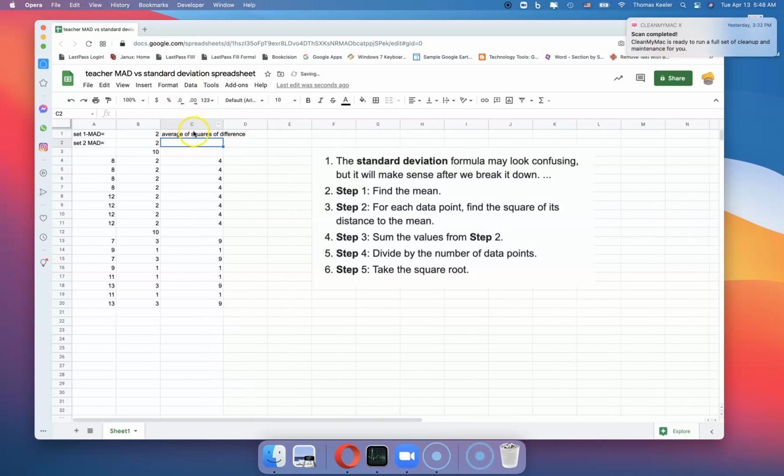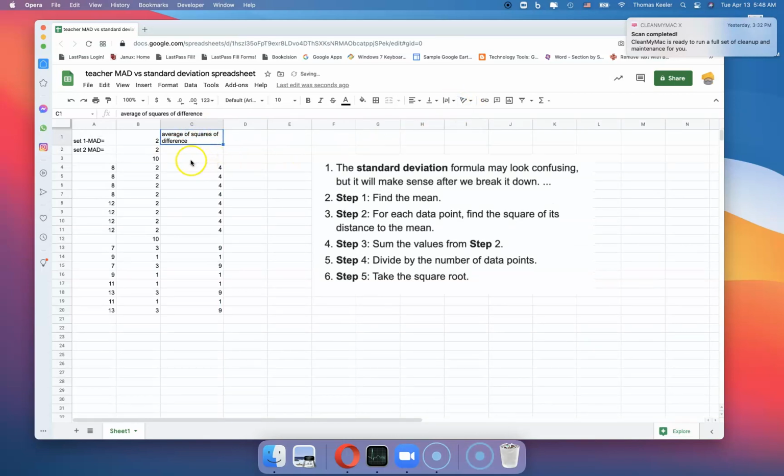The average of the squares of the differences. The average here is going to equal the average of that. We take the average of the 4s, and you get what you expect, which is 4.